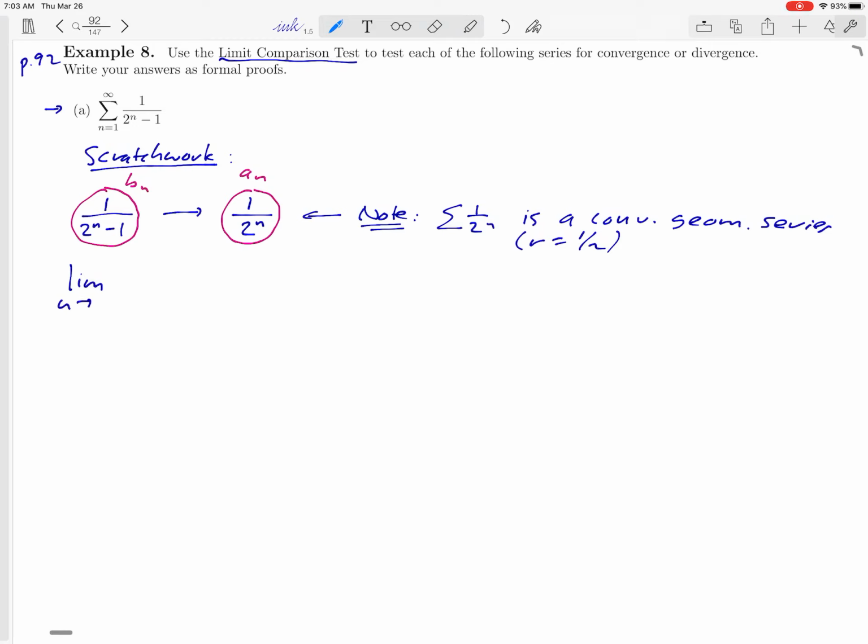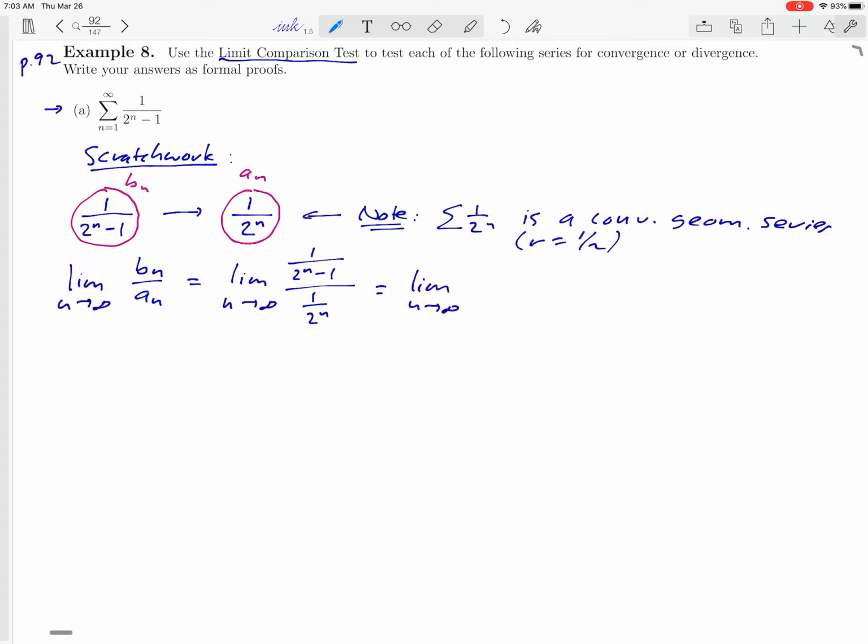Okay, the next part of the limit comparison test was we needed to take a limit of the ratio of bn over an. Okay, now here the algebra is going to get a little bit involved, because bn and an are both fractions, so bn looks like 1 over 2 to the n minus 1, and we're dividing that by an, which looks like 1 over 2 to the n.